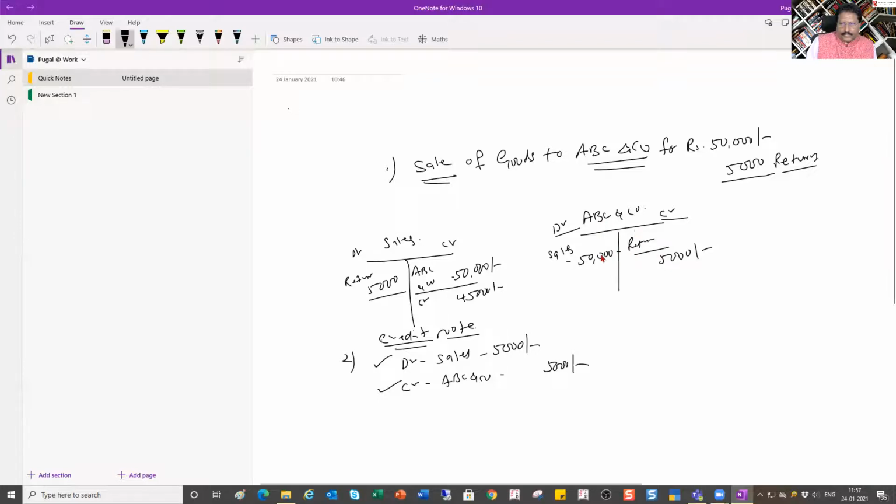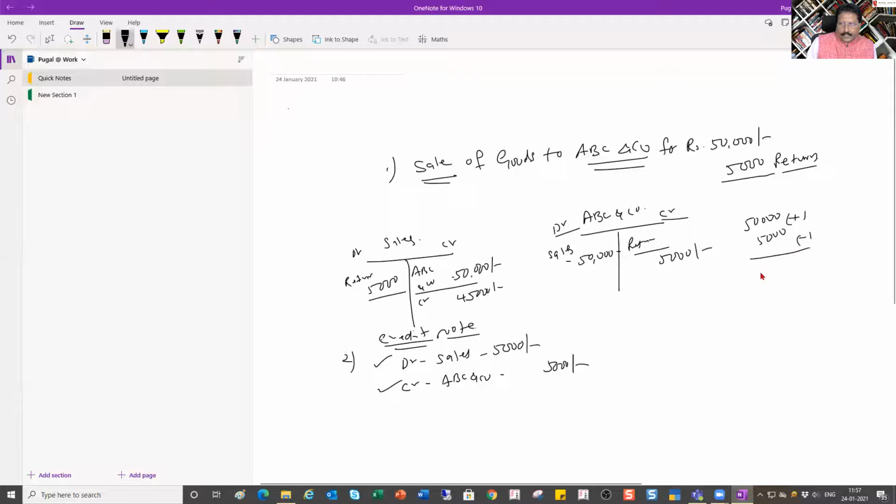For example, if you take it in mathematical terms, if you consider the highest value as your positive value, and the lower value as your negative value, which is the other side of it. In this case, 50,000 is positive, and the minus value is 5,000 rupees.